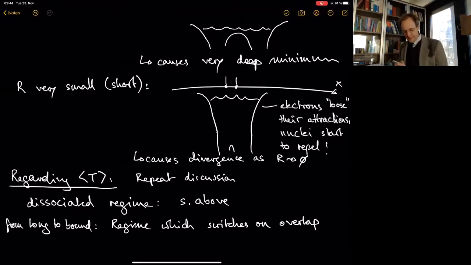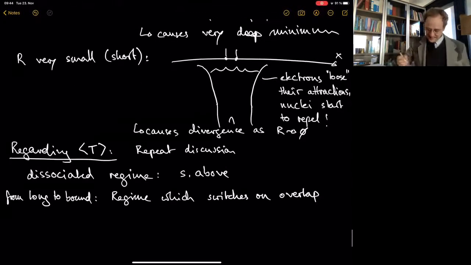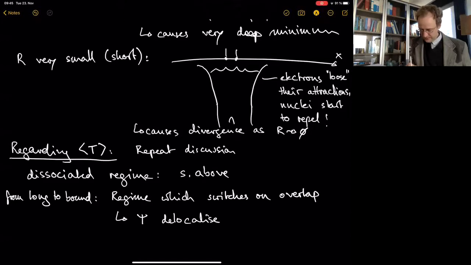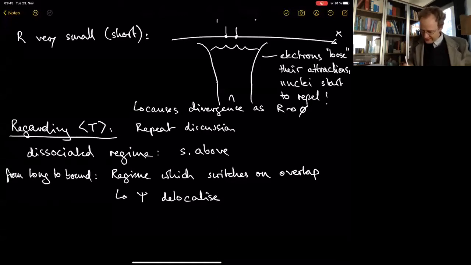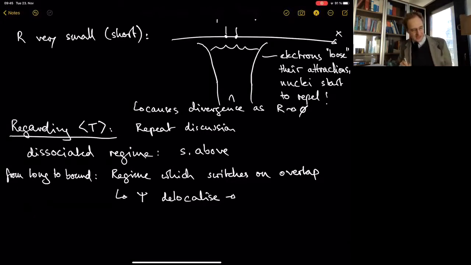So what happens, right? This means as you do this, the electrons delocalize, right? So you switch on this overlap, and as the first order effect coming from the large distance, you slowly decrease the distance. It's the first order effect. Think about Heisenberg's uncertainty.